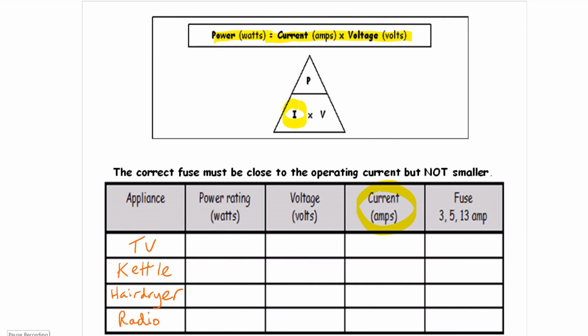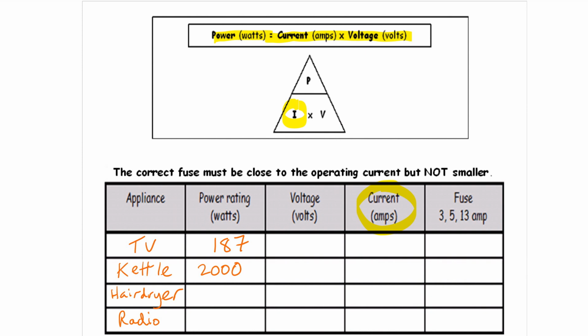So here are the appliances: TV, kettle, hairdryer, radio. These are the power ratings or similar power ratings that we've seen before. 187 watts was for that 5 foot across TV. The kettle I'm going to put at 2000 watts or 2 kilowatts.